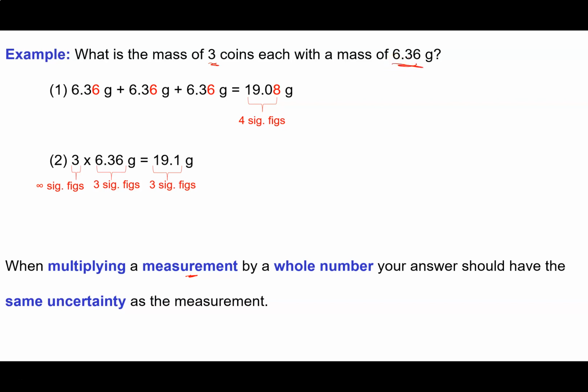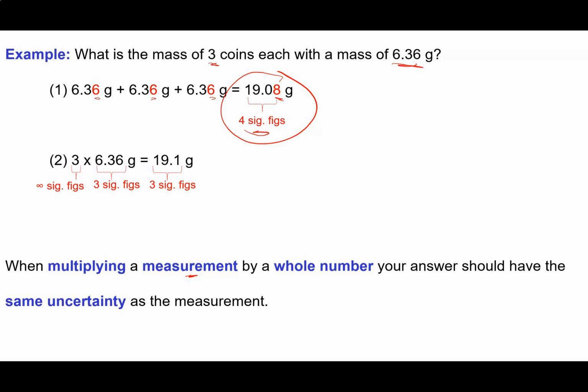So we're going to treat it as an addition, right? So 6.36 plus 6.36 plus 6.36, the uncertainty is in the 0.01s. So when we calculate this, we're going to give our answer to the 0.01s, which has 4 significant figures.